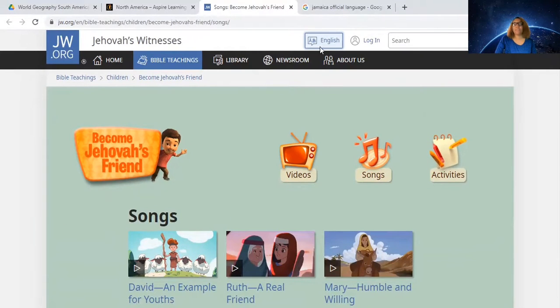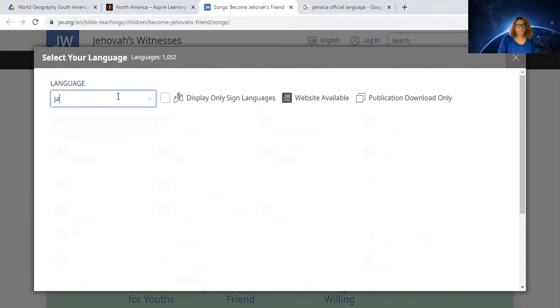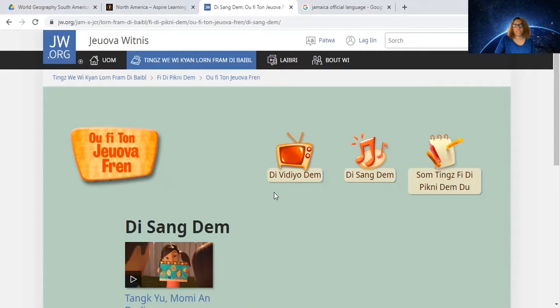But if you just click on the language up here, so I have it in English, and then you search right here, Jamaican patois. So patois is also known as Creole, or as you see here. And we found this very interesting. We love this one because with the patois, it's very similar to English, even when you read some of these things.